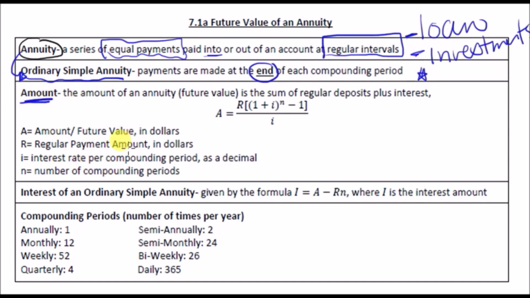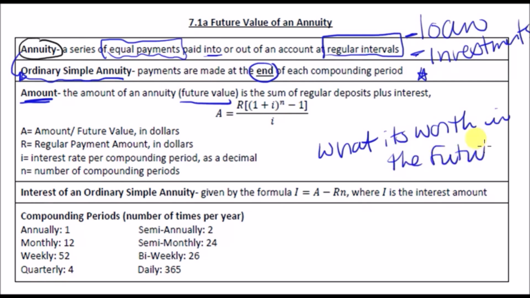So the formula for the amount of an annuity, or the future value, what an investment is worth in the future, is the sum of the regular deposits plus interest.